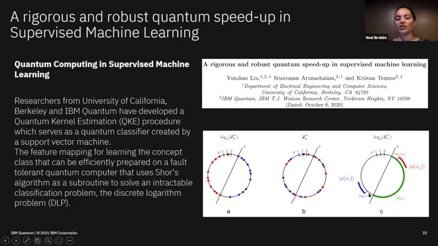So although it doesn't concentrate around a single wave function, it's guaranteed to have a large separation between the wave functions that class 1 maps to versus the wave functions that class 2 maps to. And this speedup is exponential because it's based on the discrete log problem, which is related to Shor's algorithm, and of course, the factoring problem.